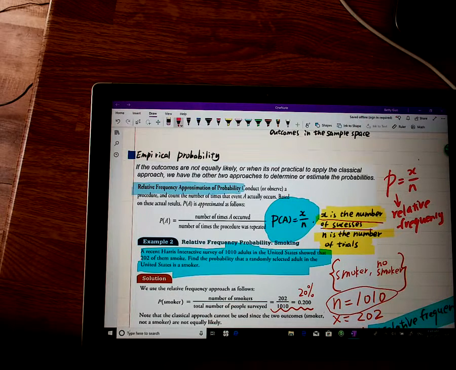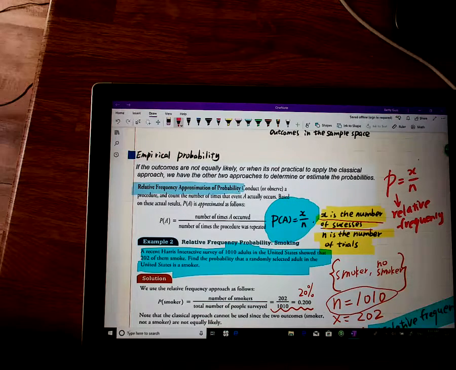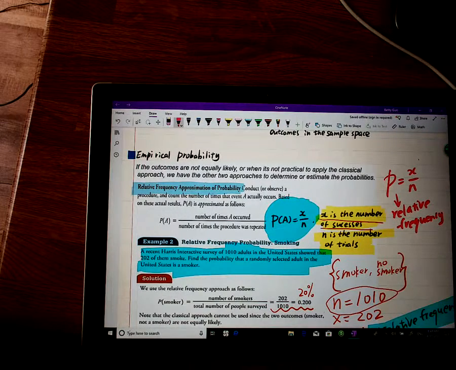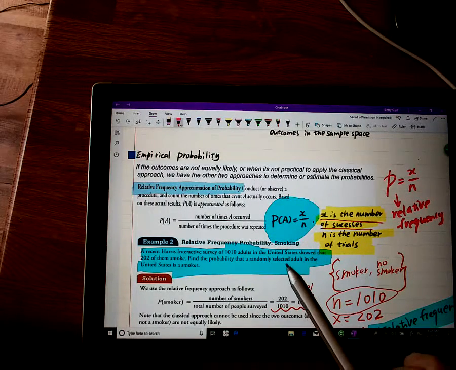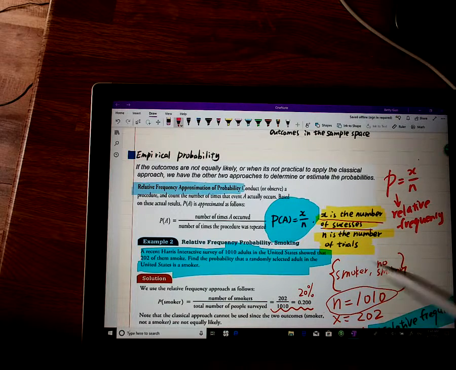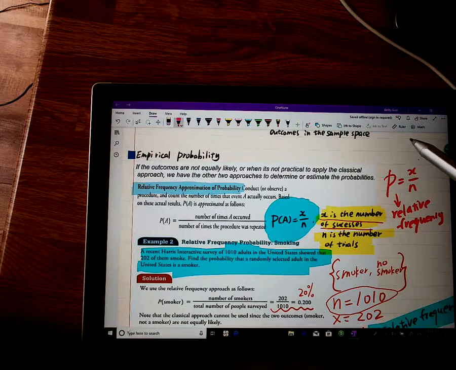Otherwise 50%, half of the population would be smokers, and we know that is not true. The number of smokers is constantly changing. So we are talking about selecting an adult from the United States at one point in time. This is not a theoretical model, so the formula we applied earlier doesn't apply here anymore.